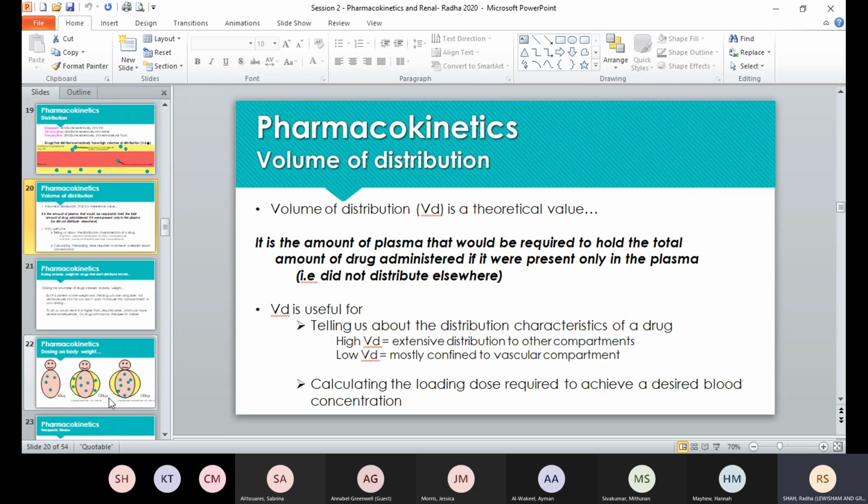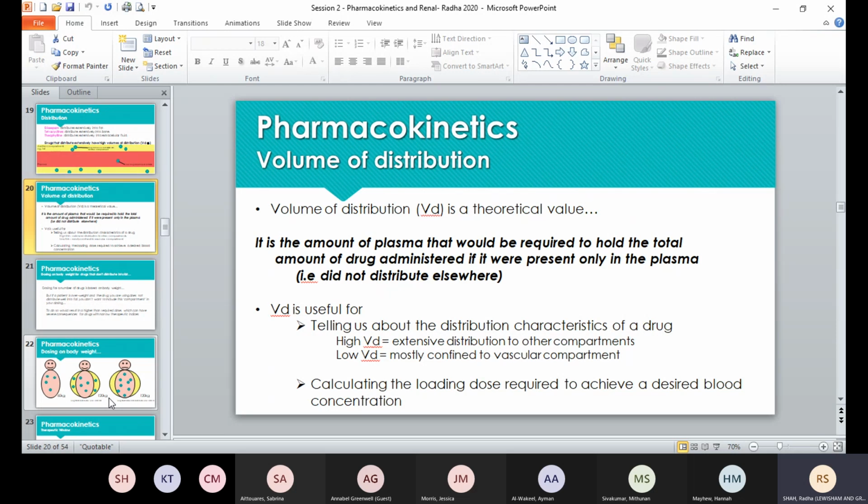So why do we use volume of distribution? It's useful for telling us about distribution characteristics of the drug. For example, if we had a very high volume of distribution, then we would assume that there's extensive distribution into other compartments, that the drug isn't just confined to the plasma, it goes into different areas like the extracellular fluid, it could potentially go to the bone, it could go to the fat, different parts of the body.